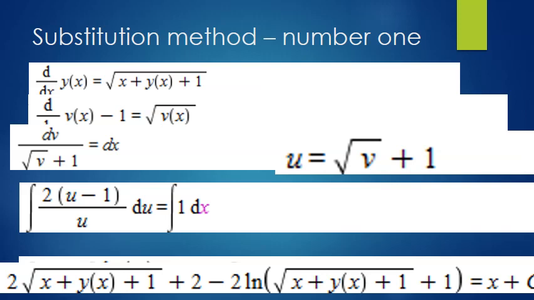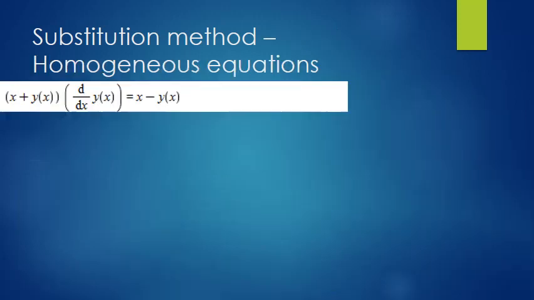So let's go on to our next substitution method. Now this one has a name. It's called homogeneous equations. Okay, the big question I get, you notice how I don't have the ax plus by plus c format here.